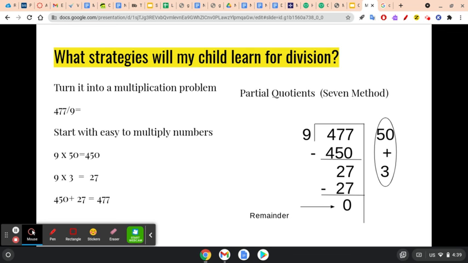If the students know 9 times 5, then they know 9 times 50 is 450. They're trying to go from 477 all the way down to 0 or less than 9. If they have less than 9, then that is their remainder.